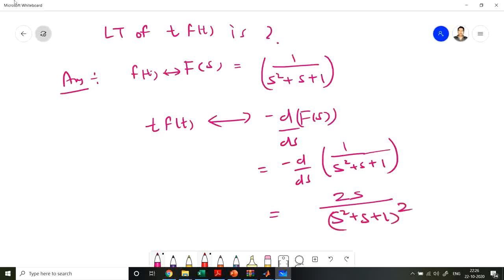Please verify that. So this Laplace transform of t f(t), let it be F dash(s), is equal to 2s plus 1 divided by s square plus s plus 1 whole square. Please check this.